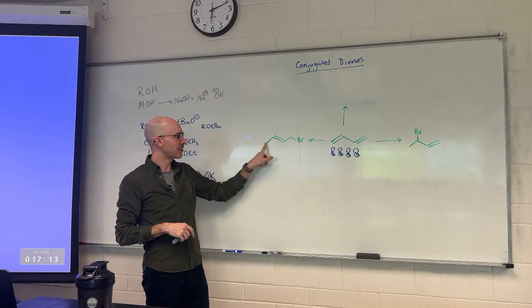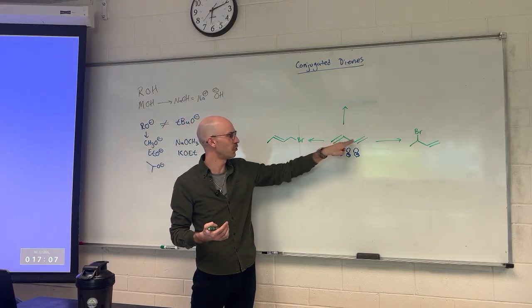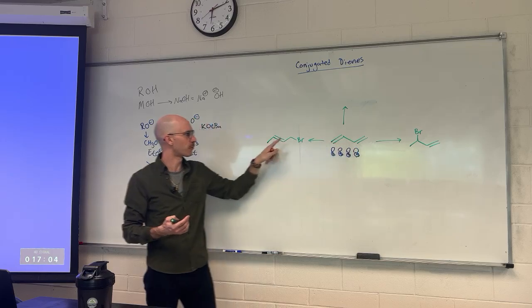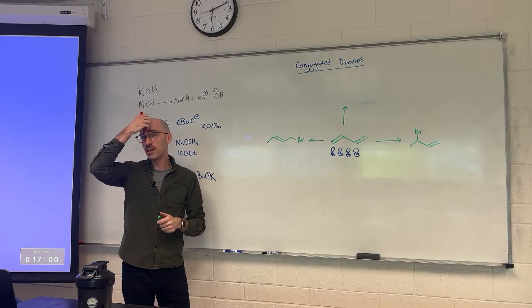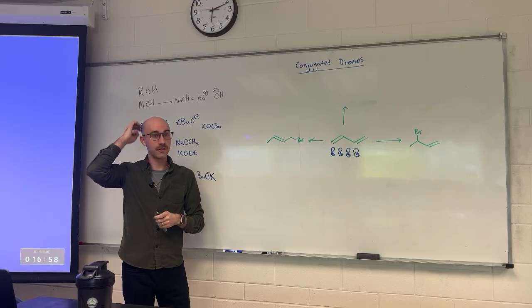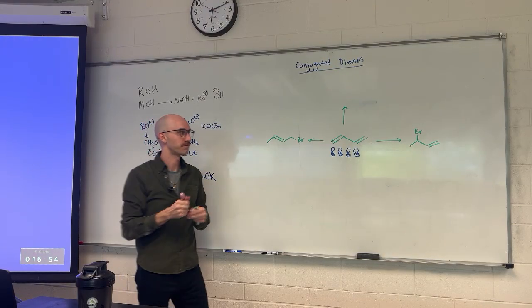Or I can add H and X further from each other and kind of consume both pi bonds but relocate one of them to be in the middle. These are structural isomers of each other, and they differ by temperature control.